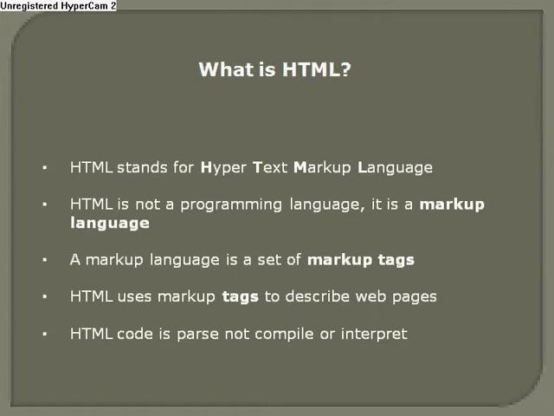But HTML code is not compiled, it is parsed. Parsing means line by line. The HTML parser reads the code line by line and produces the output without any compilation.